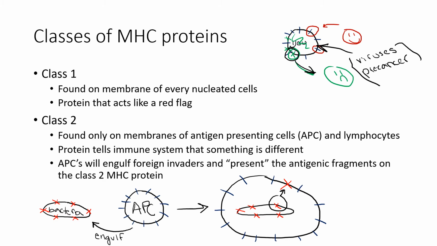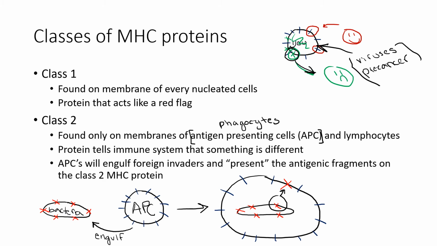Moving on to class 2, these are going to be found only on membranes of antigen-presenting cells. So these antigen-presenting cells, I want you to know, are called APC cells, and these are going to be phagocytes. Remember, phagocytes engulf whatever it is they're trying to get rid of.